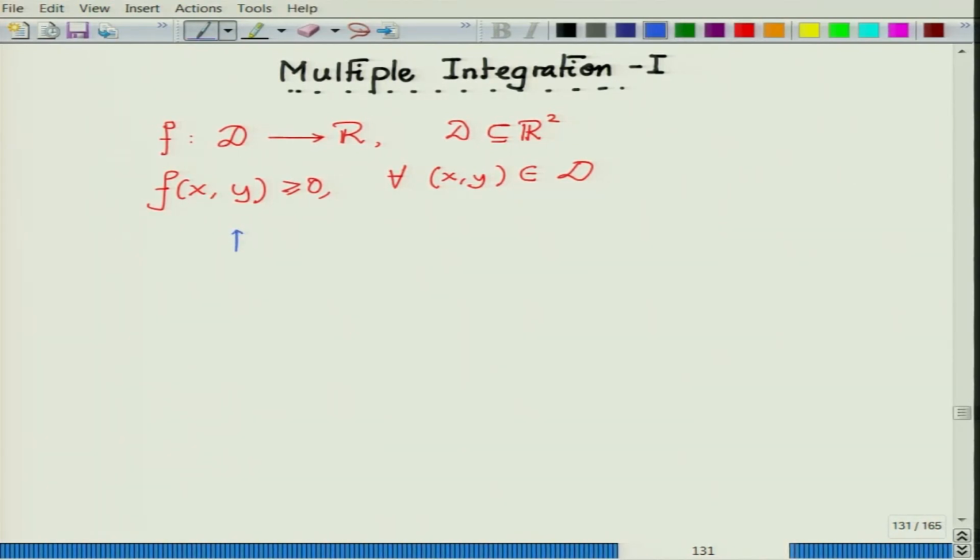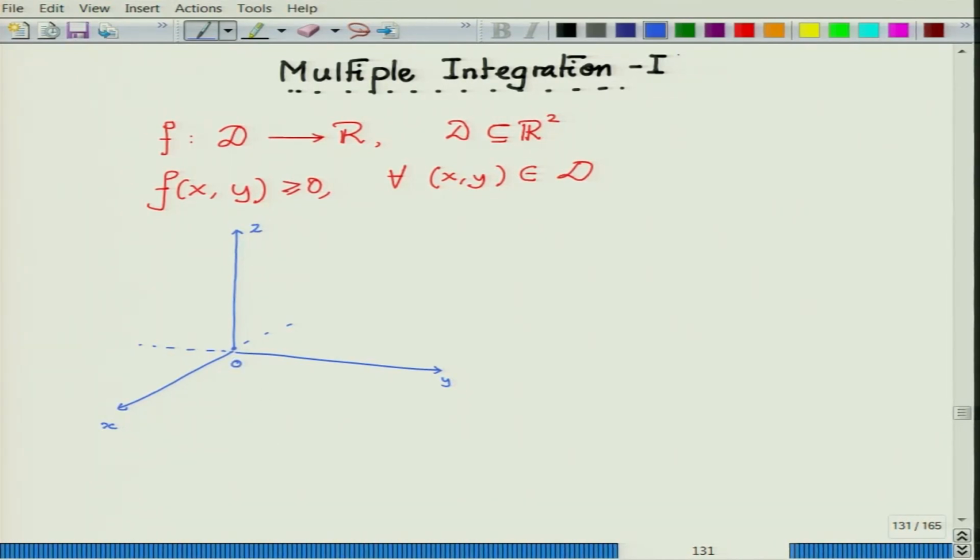Again, as always, we have to draw a 3 dimensional coordinate system, because now we have 2 variables. So, the graph would be in 3 dimensions. So, let this be the x, y axes with origin O and the z axis.